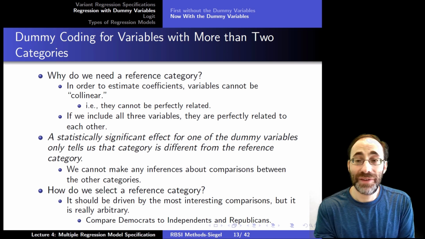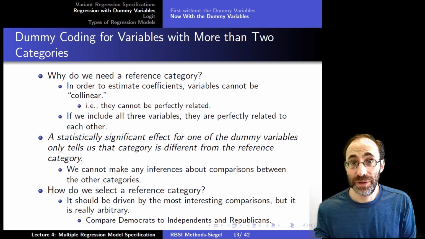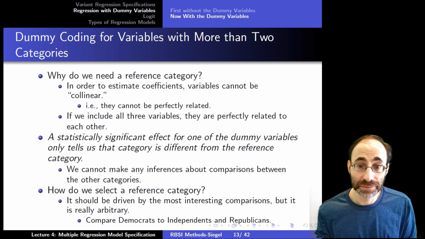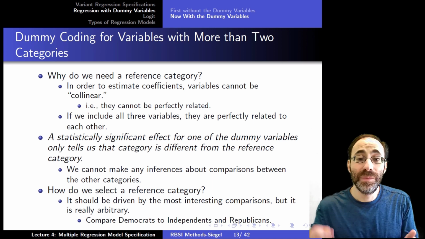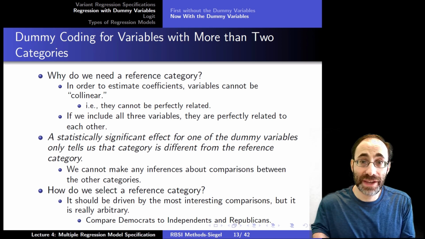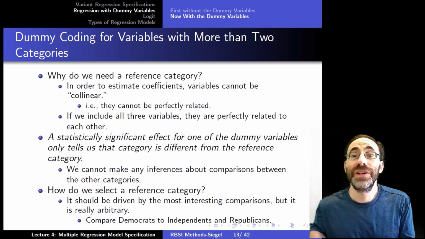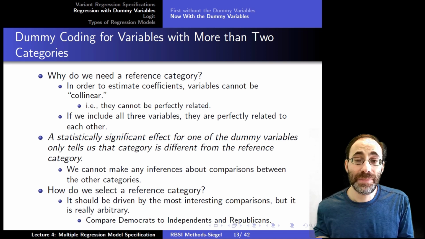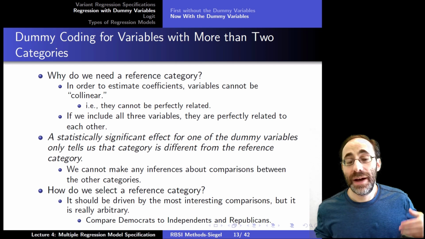So if we have n categories and n variables, those n variables will be perfectly related and will fail to produce a coefficient estimate. So what we do is remove one of the categories and treat that as the reference category. That allows us to get past this problem.